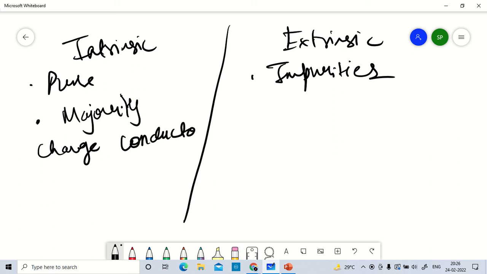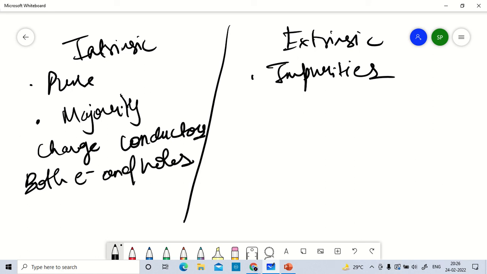In intrinsic semiconductors they would be both electrons as well as holes, because the number of free electrons is equal to the number of holes, and the electric current from electrons and holes gives us the total current, and I_e = I_h = I_n, the intrinsic carrier concentration.